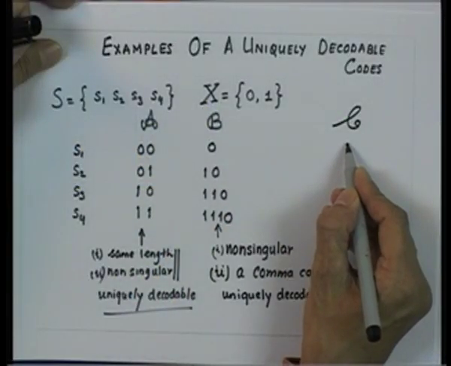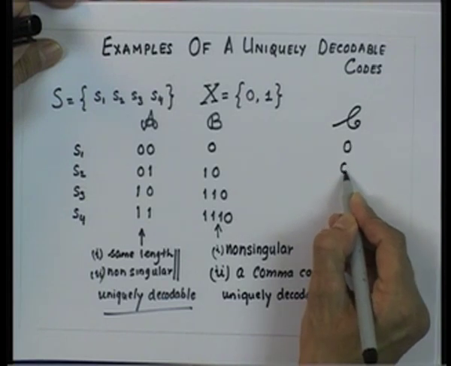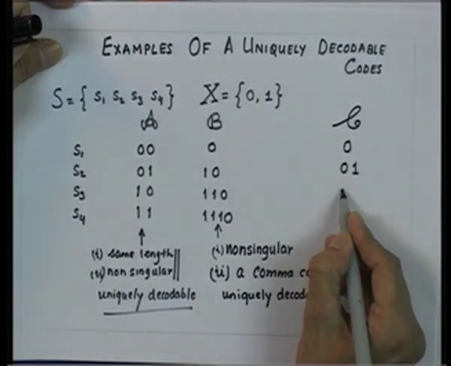Let us say that I have a code C where I have my code words given as 0, 01, 011, 111.